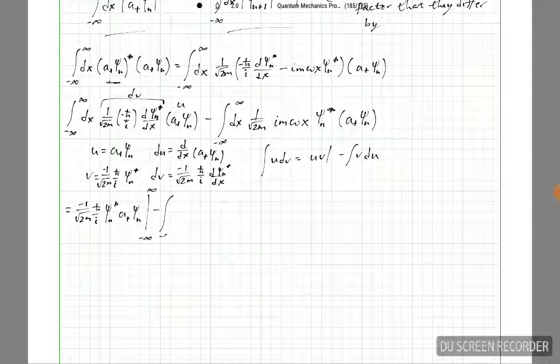Now I have negative integral dx of v, and you'll notice I had a negative sign in my v, so it would not behoove you to just pretend like magic happened there. And then that's psi n complex conjugate, and then du is just dx of the ladder operator acting on psi n. And then my second integral I'm just going to pull down because I didn't really do anything to it.